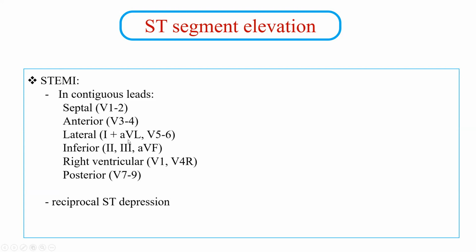The same thing applies to the posterior infarct. V7, 8, and 9 will have ST segment elevation, but if you look at the heart anteriorly, which is the opposite side of the posterior wall, V1 and V2 will show ST segment depression. So this is very important, and it will support the diagnosis of STEMI.